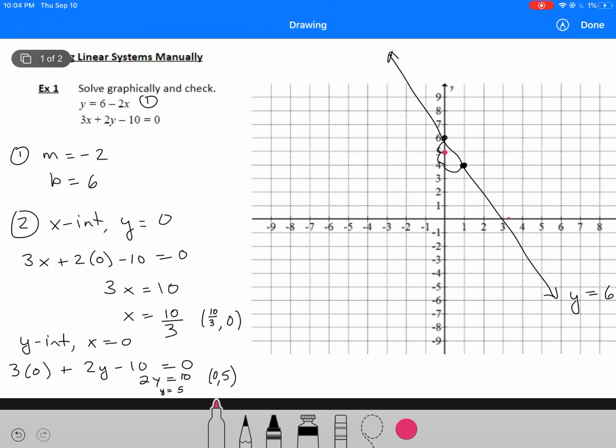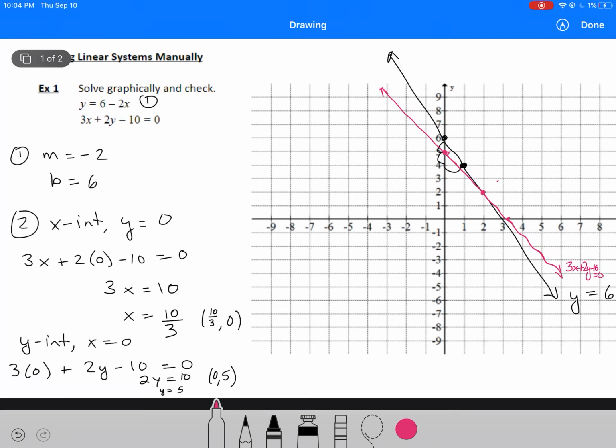And then I'm going to do my best to connect those 2 points using my line there. Now it looks like the black line and the pink line, so I'll label this one 3x plus 2y minus 10 equals 0.